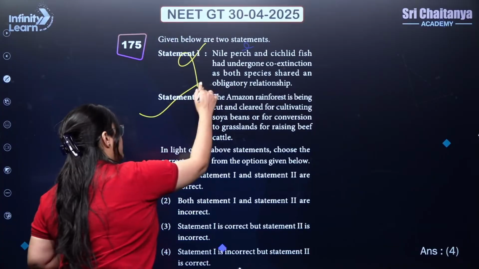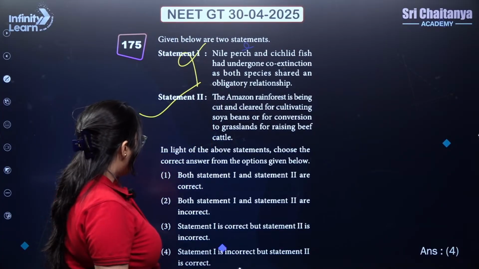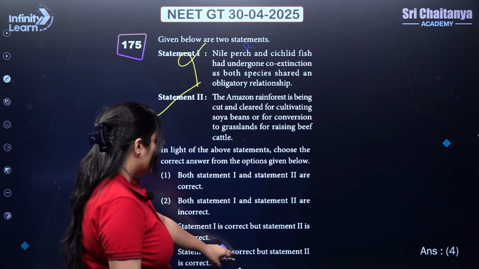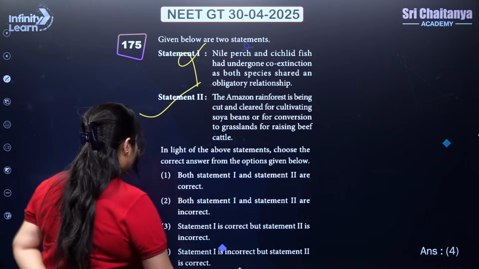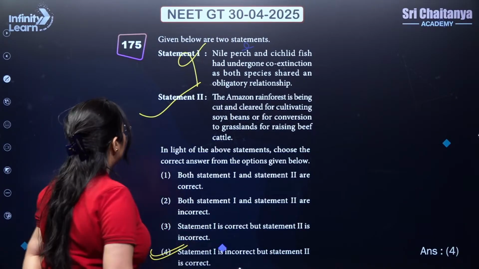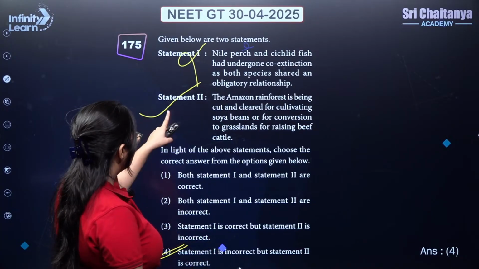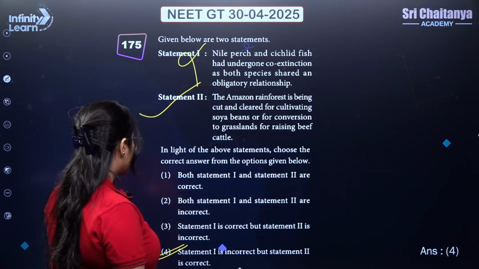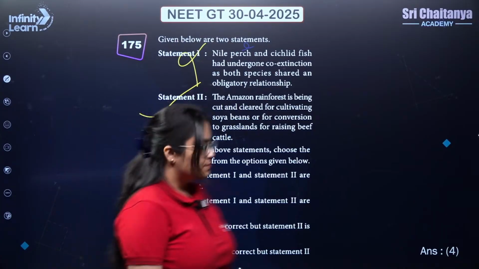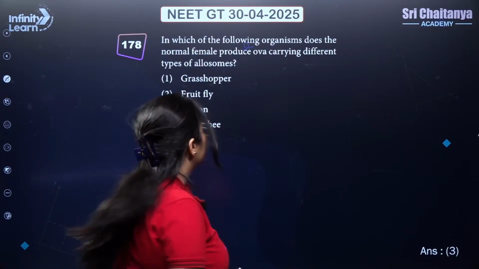This is correct. So statement 1 is incorrect, but statement 2 is correct. So your answer is 4, bachchon. Clear? Next.